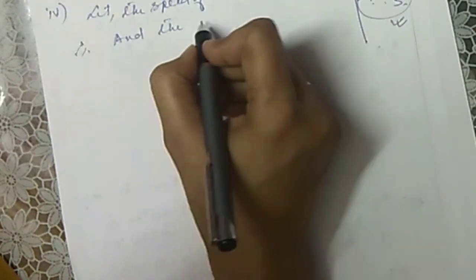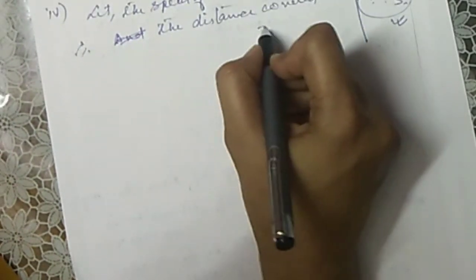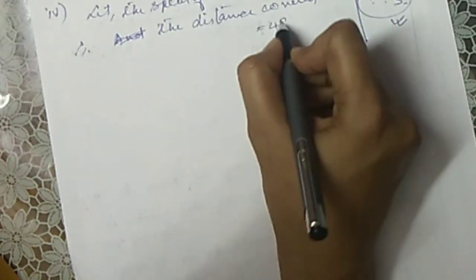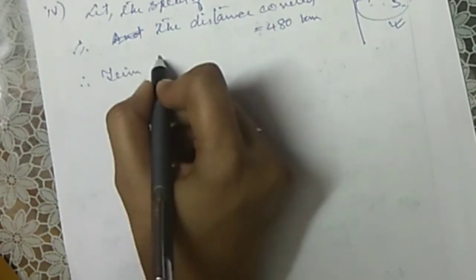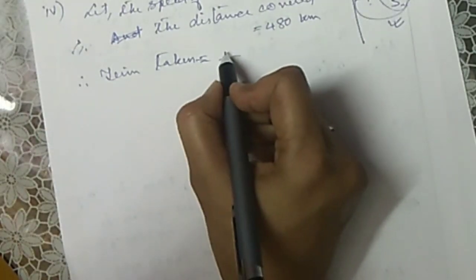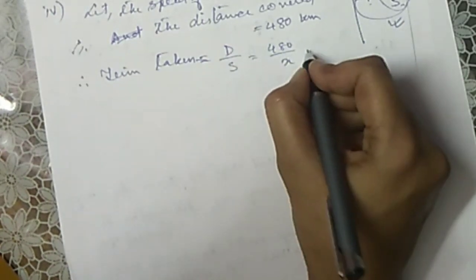Therefore, the distance covered is equal to 480 kilometer. Therefore, time taken is equal to, here is the formula, distance by speed. So, distance is 480, speed is x, time is 480 by x hours.